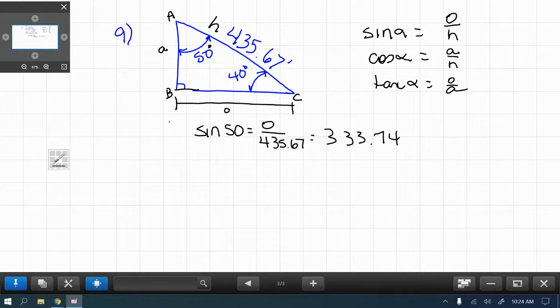And I'm still going to use that 50 degree angle, but I'm going to use cosine. I'm going to solve for the A now. Adjacent over hypotenuse.